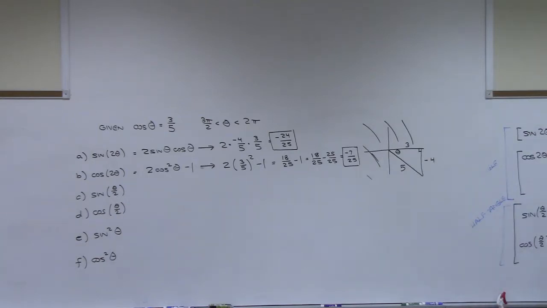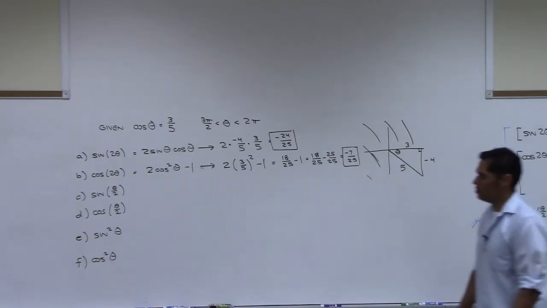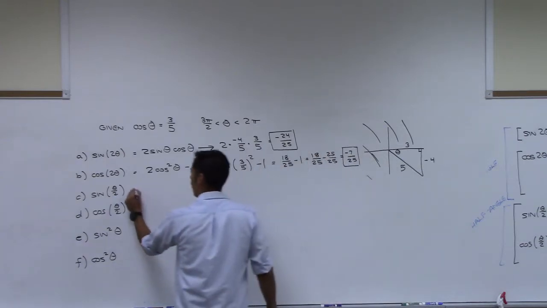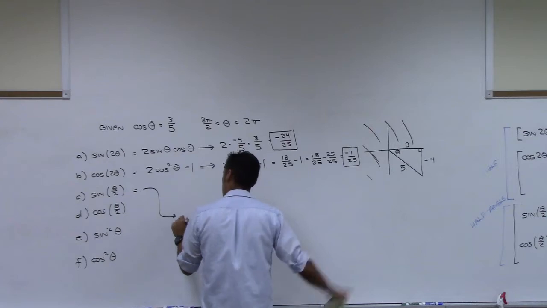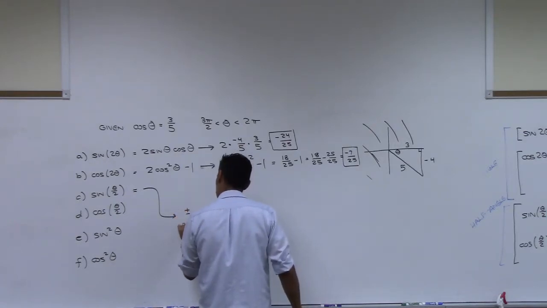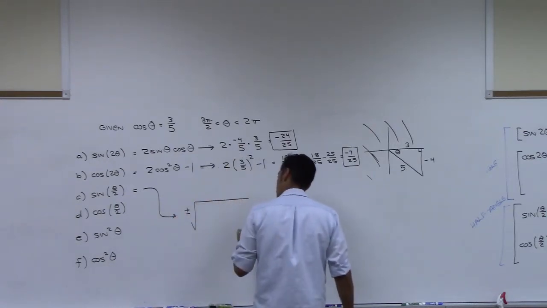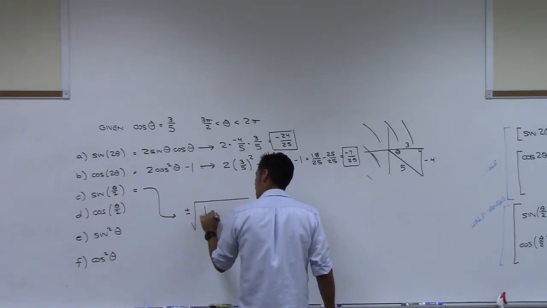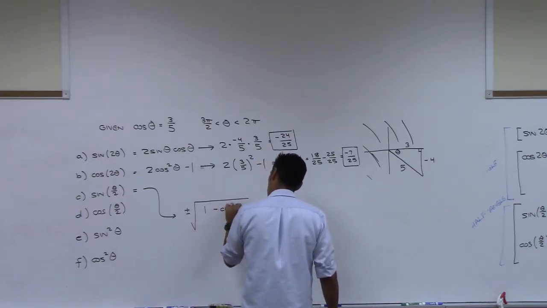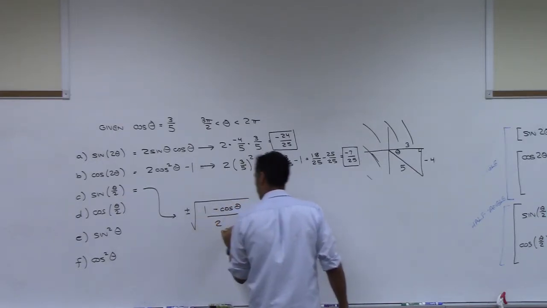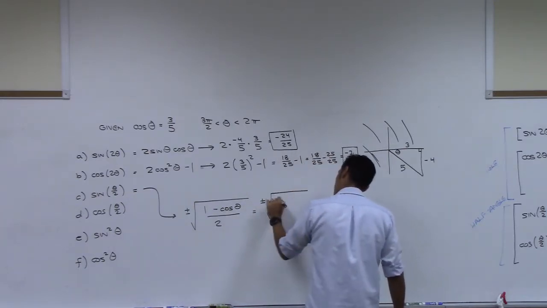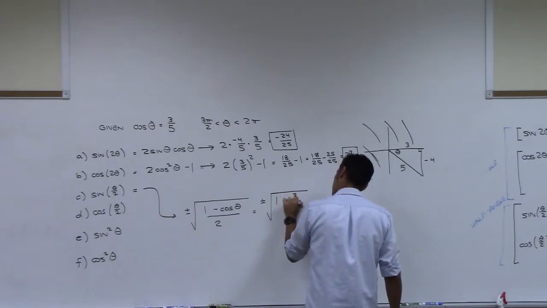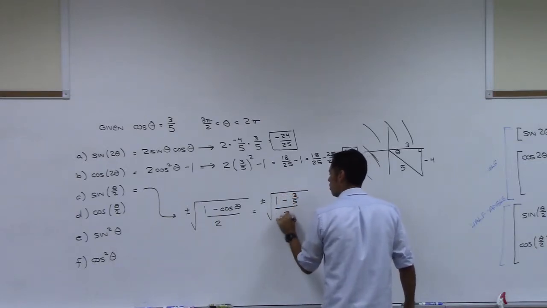All right, let's try this one. Sine of theta over 2. I'm going to need a little more room, so I'm just going to move down here. According to the formula, it's plus or minus square root of 1 minus cosine theta over 2, which should be plus or minus square root of 1 minus 3/5 over 2. Agreed?